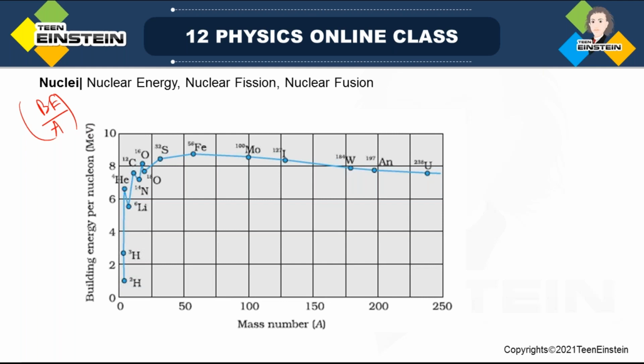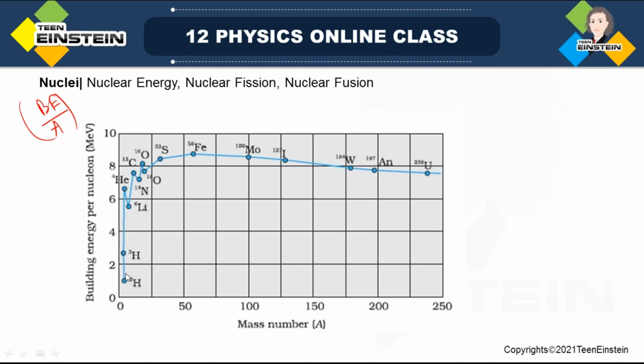This curve gives the idea of nuclear fission and fusion reactions. So how does this give the idea of nuclear fission and fusion? Look here, I'll discuss. In this curve, you can see that binding energy increases as the mass number increases.